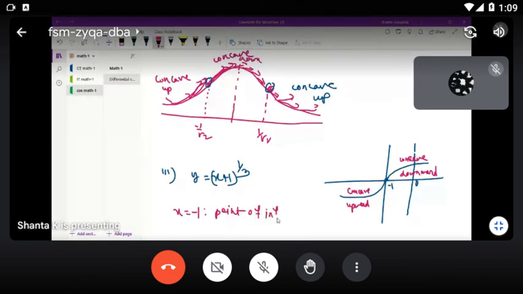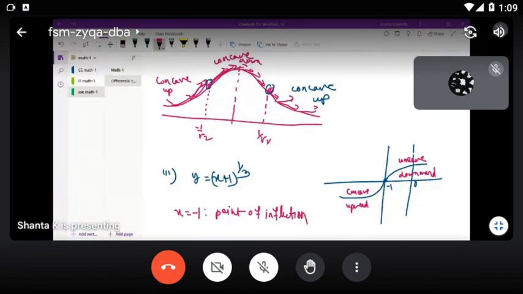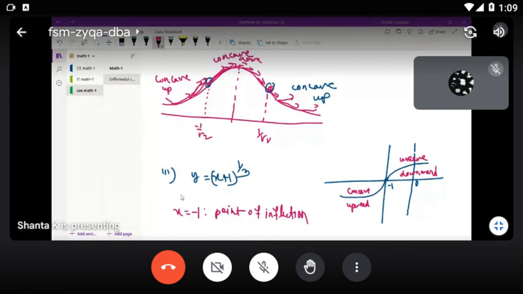And I think only one point of inflection. Yes, ma'am, only 1 point. So again you find f double dash x, and it's not 0 at any finite x. f double dash x is not defined at -1 also, but it's the point of inflection.